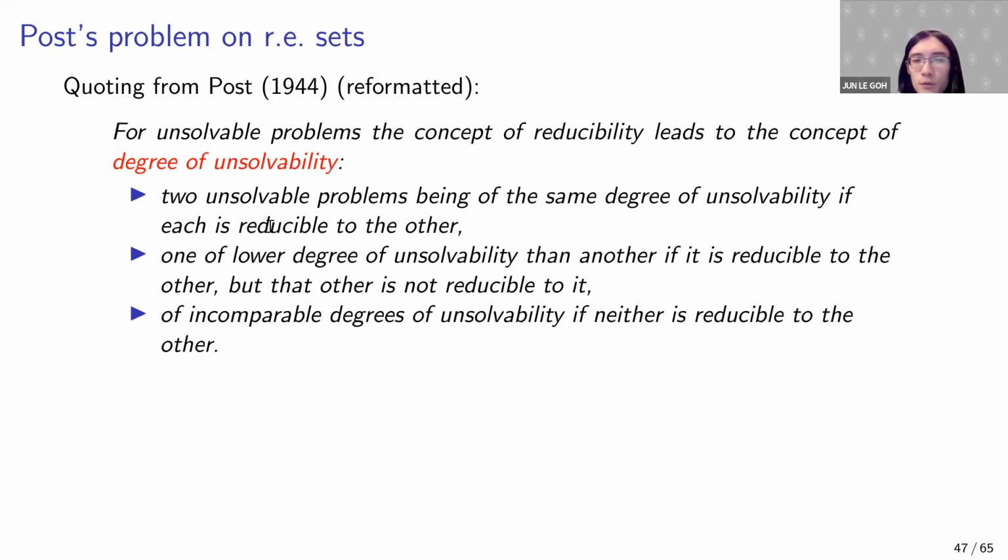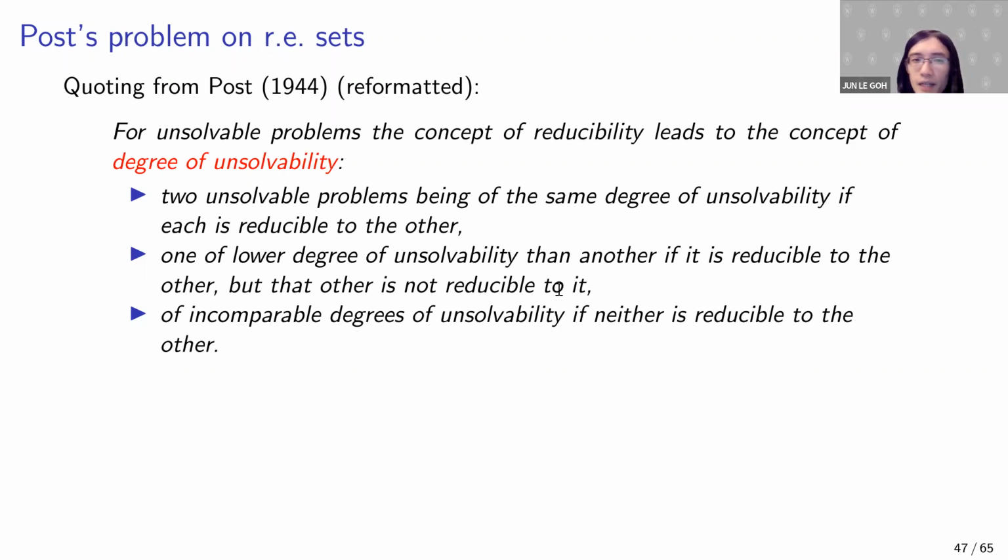If we have two problems, let's say they're both unsolvable, but each of them is reducible to the other, then we can consider them to have the same degree of unsolvability. This first point is, we've just seen an example of that: HTP and K have the same degree because they are reducible to each other.